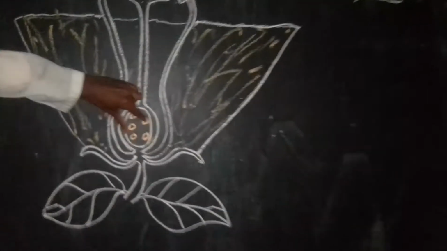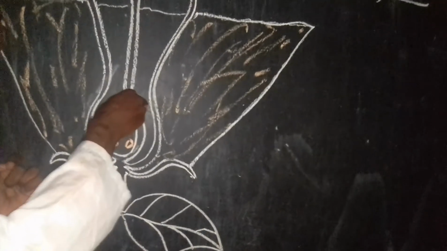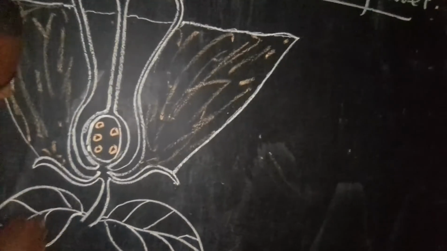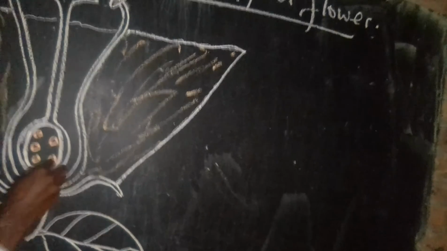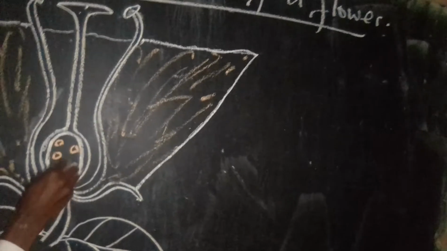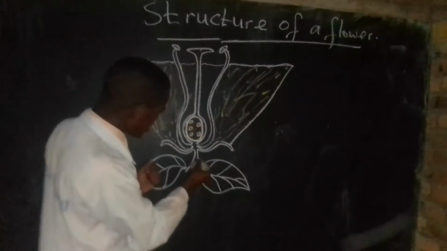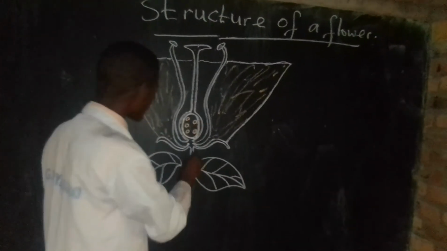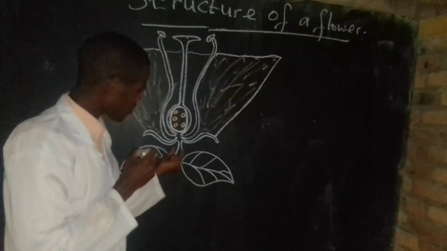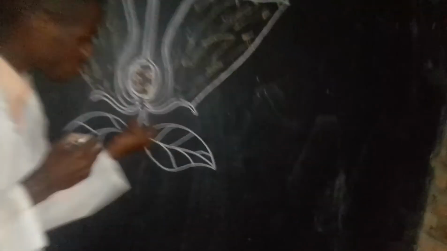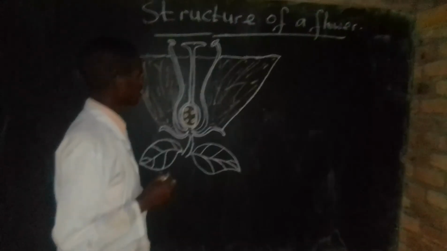And then in the flower, we have the inside one. Inside this part, we have many important things. And then in this flower, we have this part, which is very, very important to the plant and the flower.